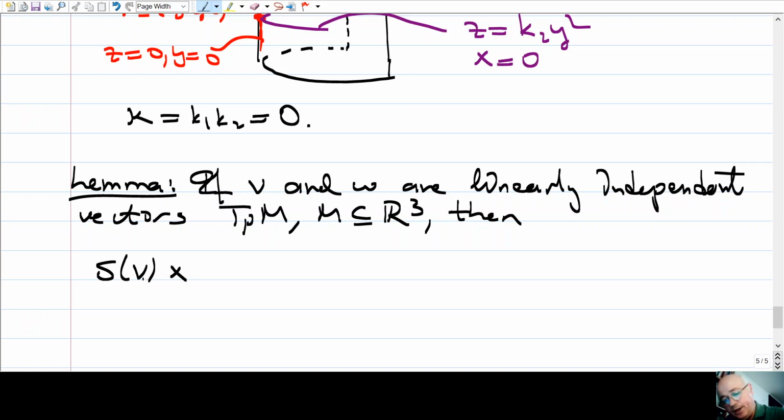The shape operator evaluated on V is a vector, and if you take the cross product of that vector with the shape operator at W, we get just the Gaussian curvature, a scalar, times the cross product of V and W.